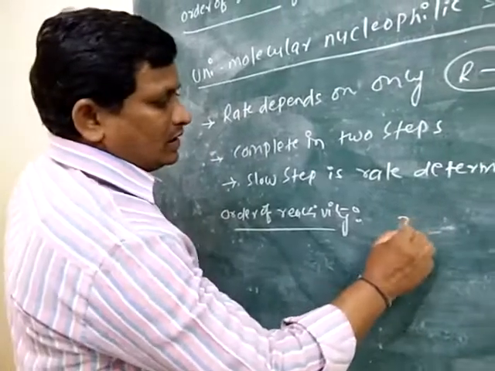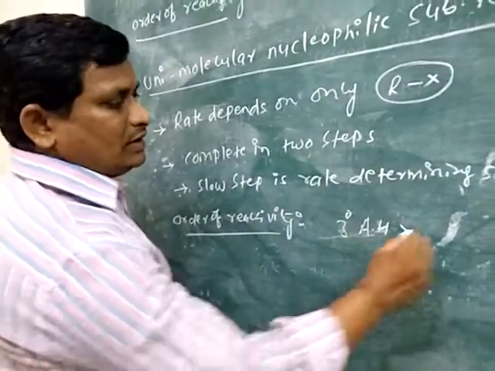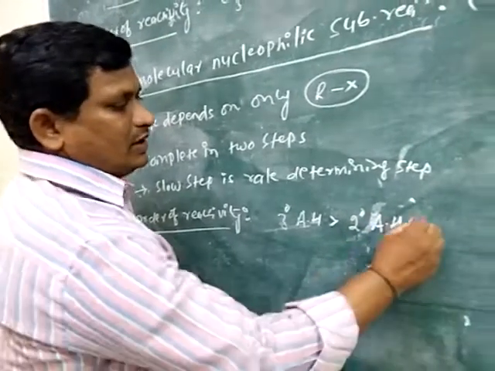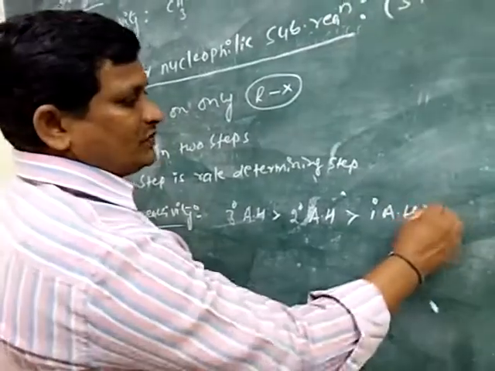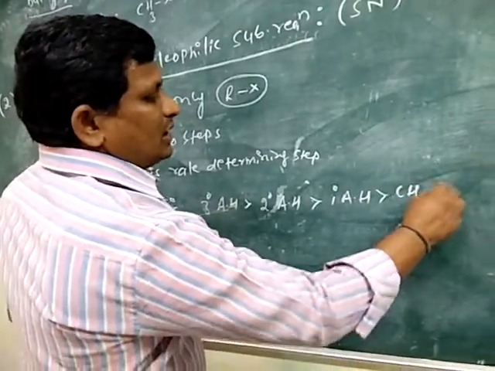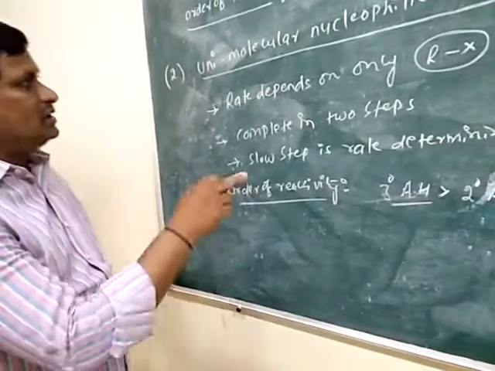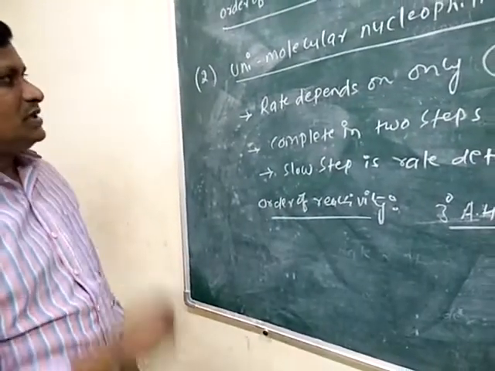is tertiary alkyl halide is greater than secondary alkyl halide is greater than primary alkyl halide is greater than methyl halide. So tertiary alkyl halide reactivity is more in unimolecular reactions.